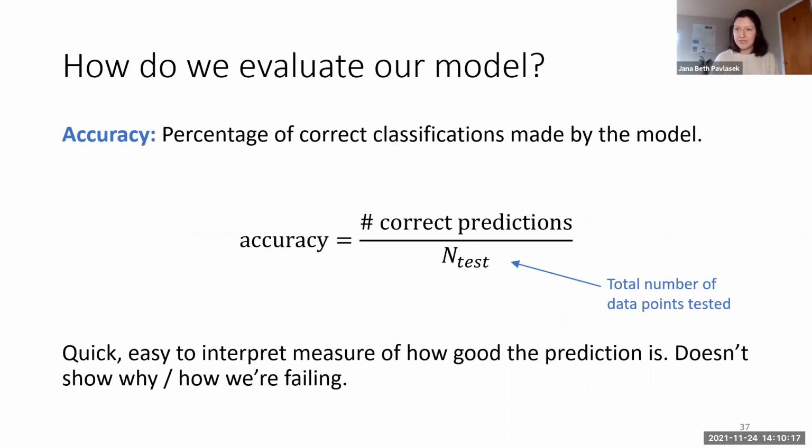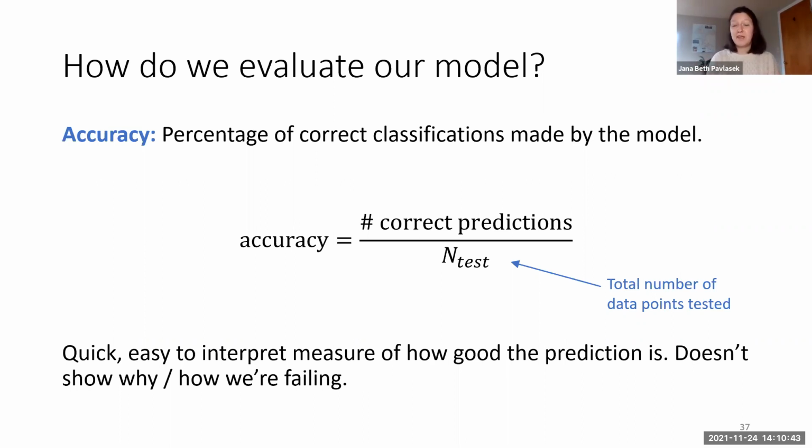The accuracy is just the percentage of correct classifications that the model made. We'll give the algorithm a whole bunch of test images, and you want to count up how many it guessed right. Then the accuracy will just be the number of correct predictions divided by the number of tests that you did.